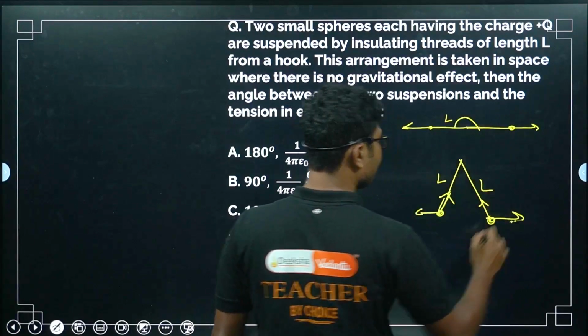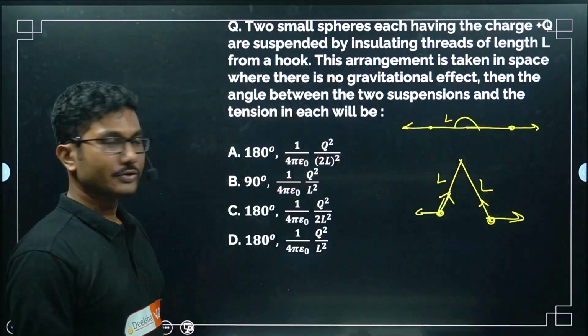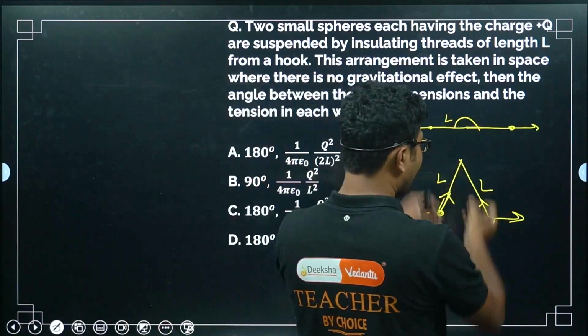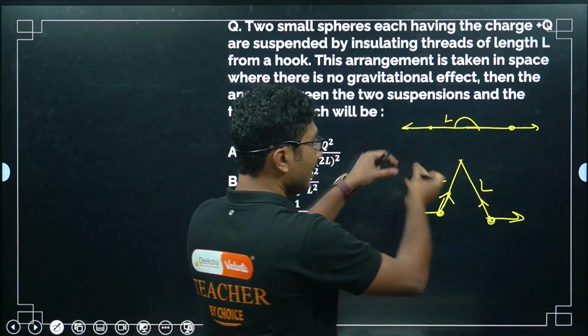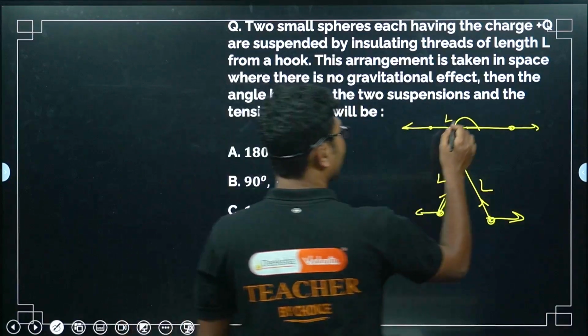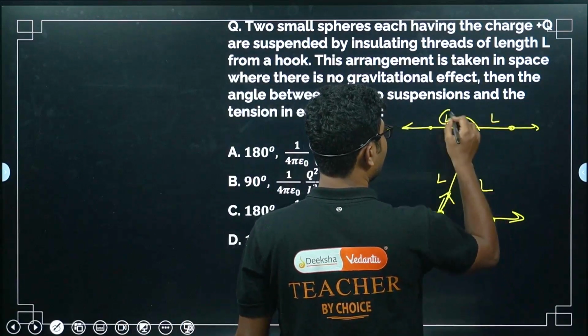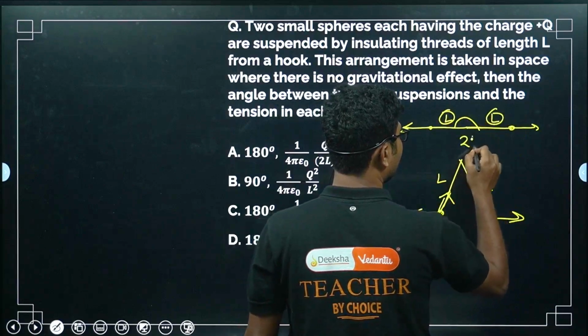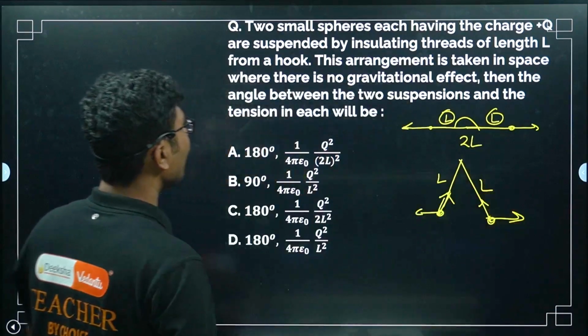This is a very conceptual question. There are no other forces involved. So once you hang them, they will get flattened and make an angle of 180 degrees. So the total distance in this case will be L plus L, that is 2L.